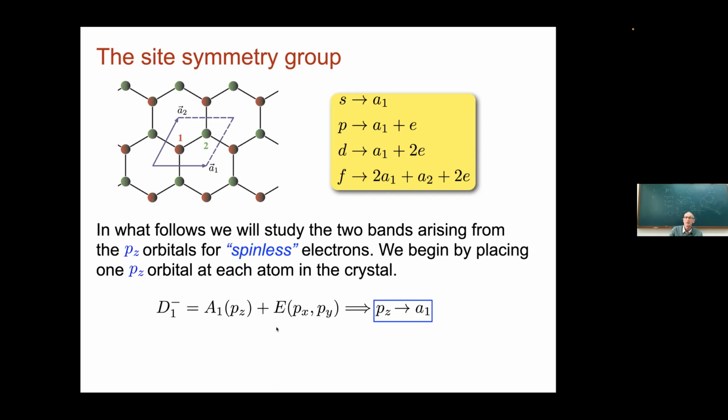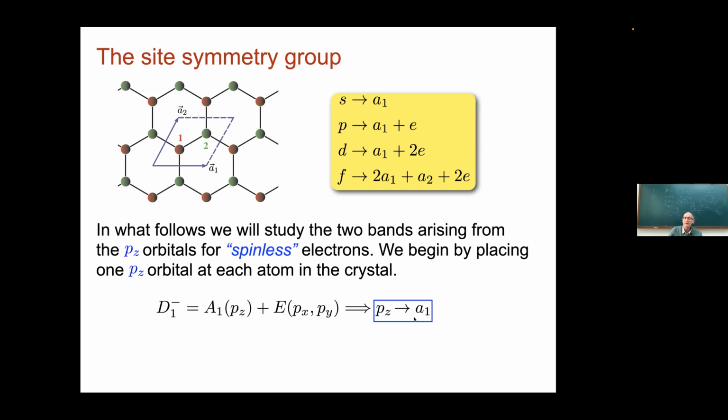This is a very important concept because it's related to probably the most important concept in topological quantum chemistry, which is the concept of elementary band representation, EBR. Okay, we'll see that this gives rise to an EBR and this gives rise to another EBR.